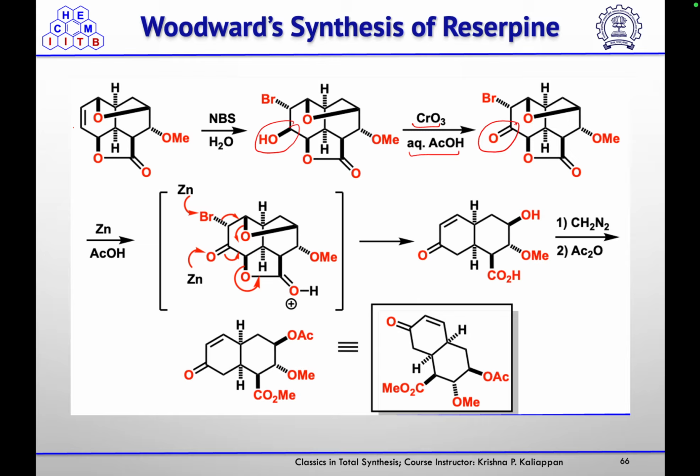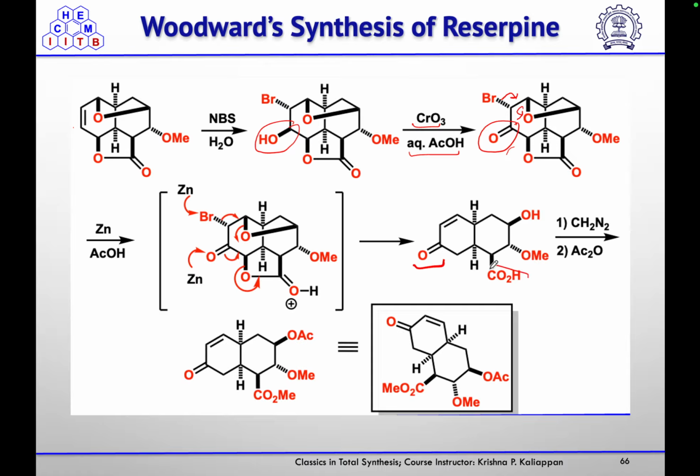So here two transformations are taking place. First, zinc will coordinate with bromine. This double bond will form, and that furan ring will open to get the corresponding alcohol, and then it will react with the ketone to open that lactone to get the corresponding acid, and the enol again tautomerizes to get the corresponding ketone.